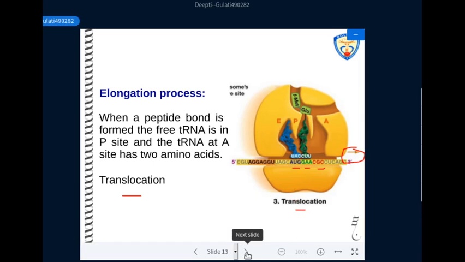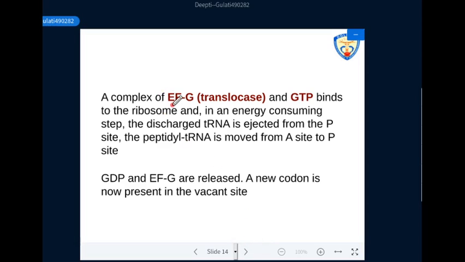Now, translocation also requires a factor, and that factor is known as elongation factor G. We also call it translocase, and the movement requires energy in the form of GTP hydrolysis. So a complex of elongation factor G and GTP binds to the ribosome, and in an energy consuming step, the discharged tRNA is ejected from the P site. This is a tRNA which has donated its amino acid.